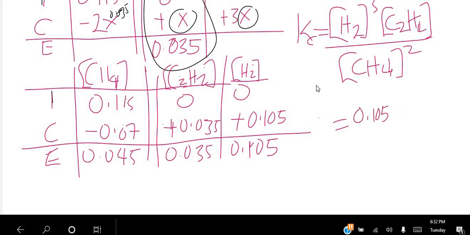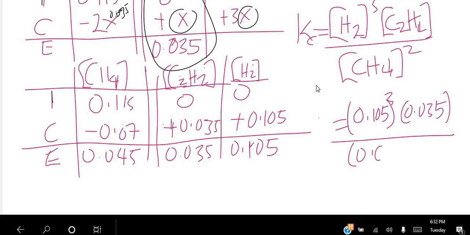0.105 times 0.035 over 0.045 squared. Okay, so when we plug this into our calculator, it's going to give us 0.02.